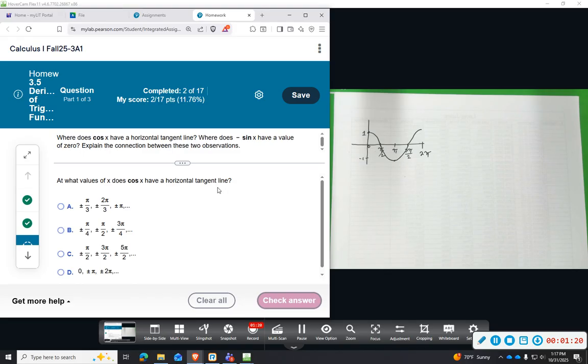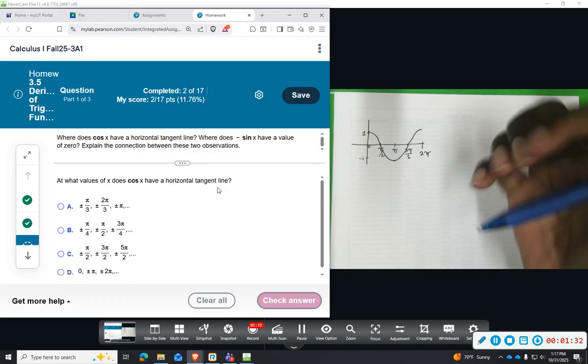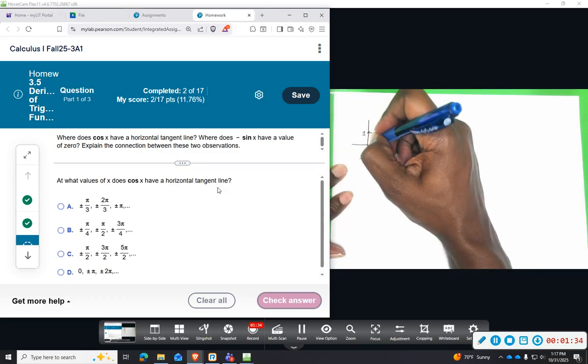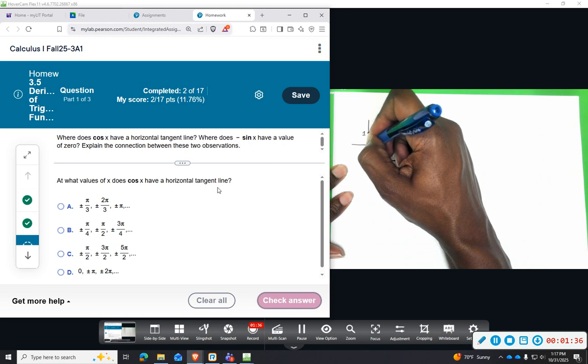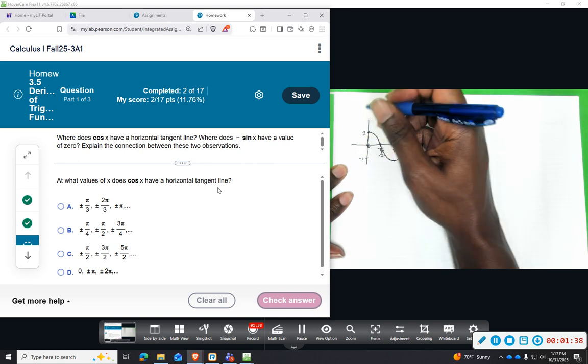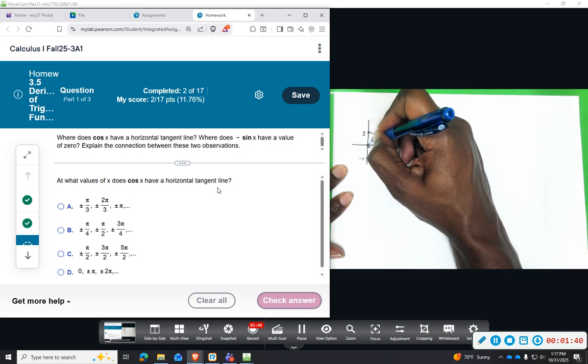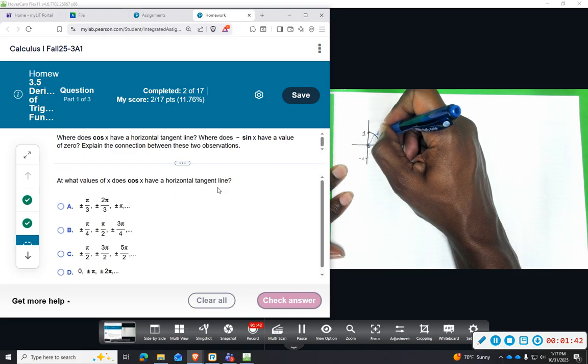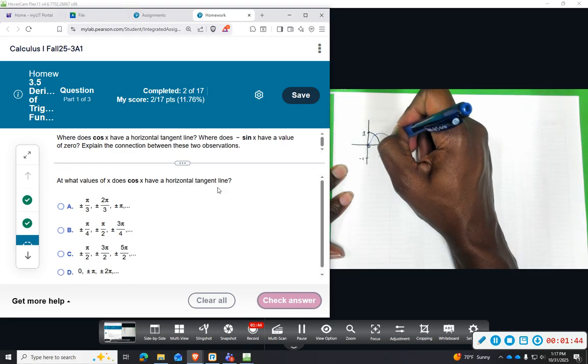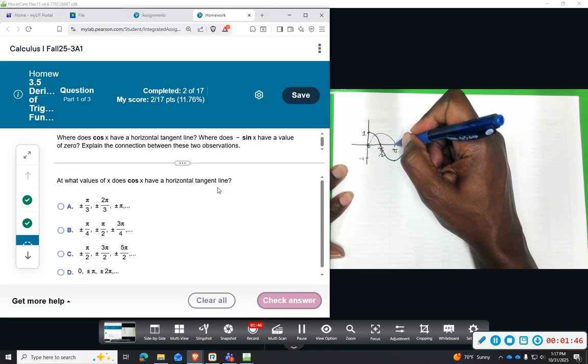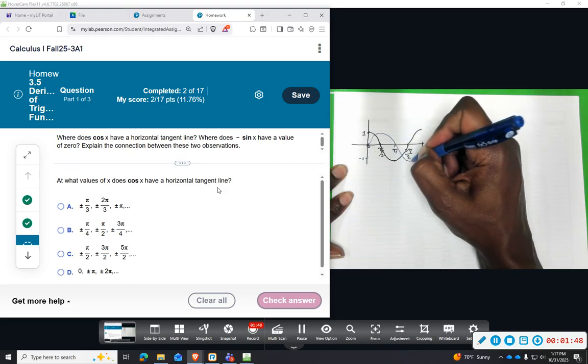Now, with sine, I'm going to graph that with a different color. Sine starts at 0, and then it goes up. So sine will go up and then come down and then go down and then come back.